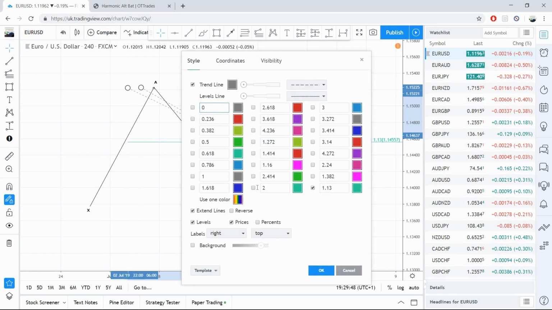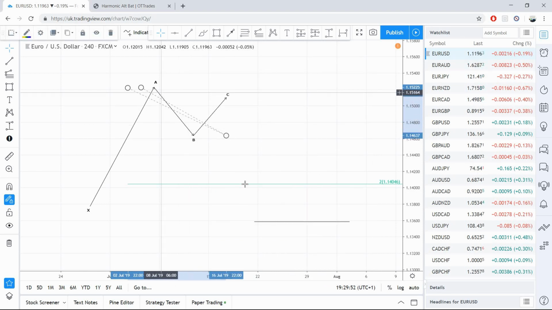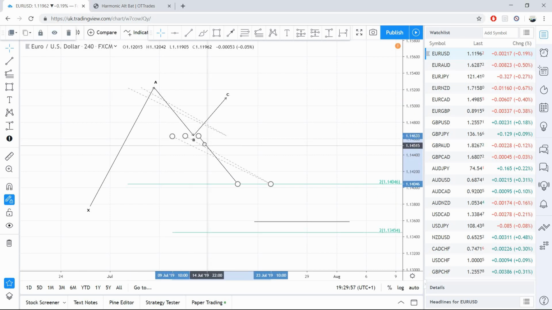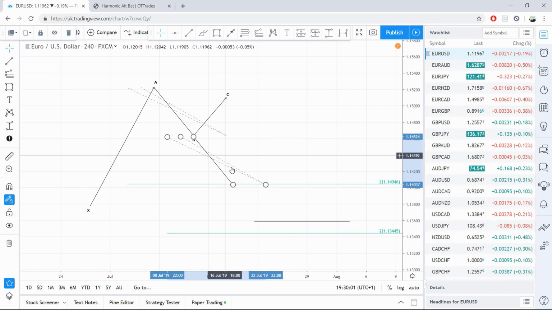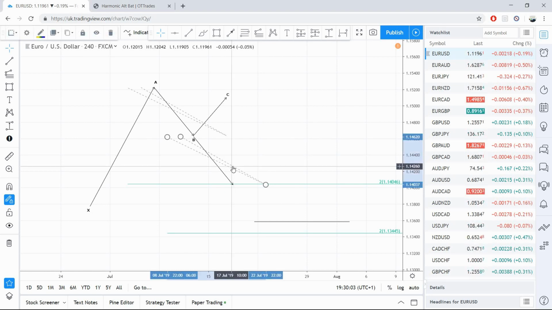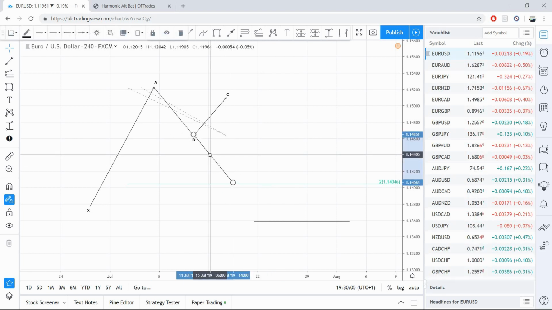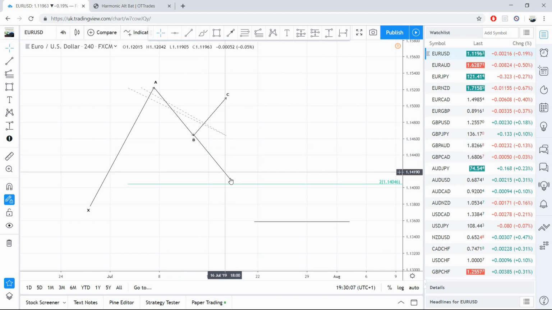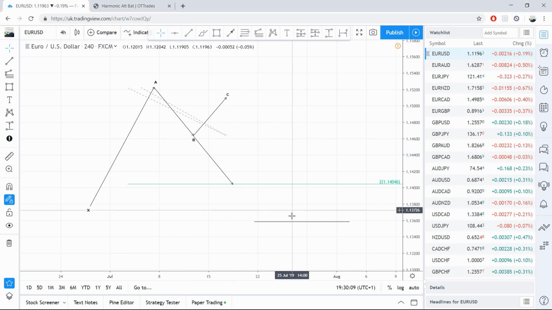So let's get rid of that and put 200%. So all this means is it's 200% of that A to B move. So it's essentially 2 of these put together, yeah? So as you can see here, 2 of those put together goes down to that 200% level.